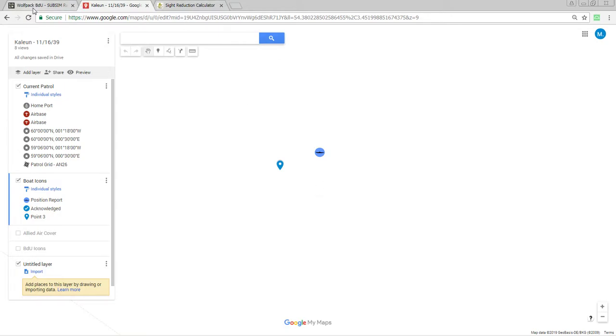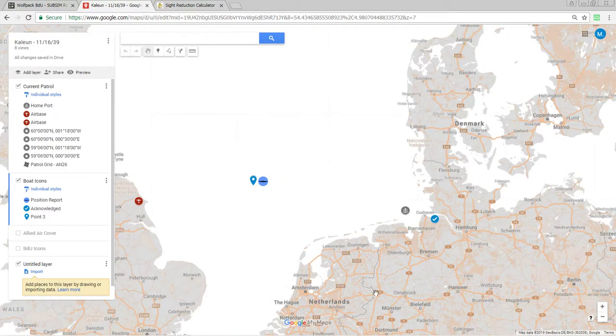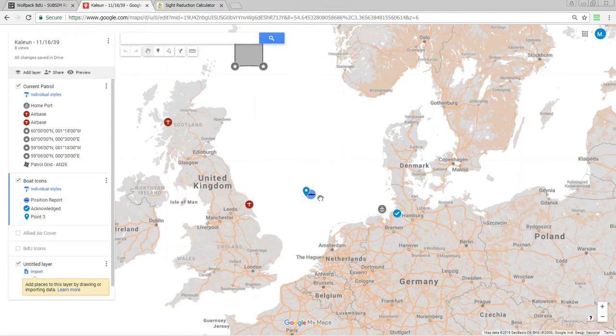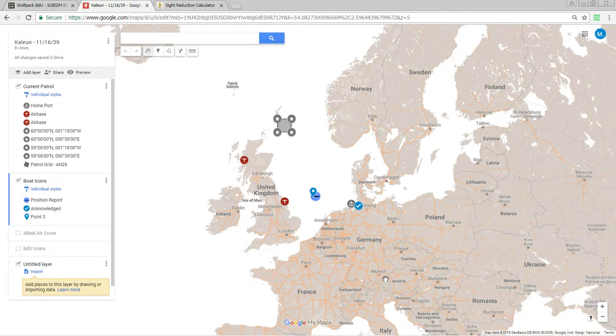And then we're going to do a little trick, because of the way a real map works. Real maps are Mercator projections. They're not a flat Earth like, I'm guessing, Wolfpack is this way, and maybe like Silent Hunter 3. There's just a flat Earth. There are no converging lines of longitude. Obviously, in real life, when you're at the equator, a minute of latitude equals a minute of longitude.